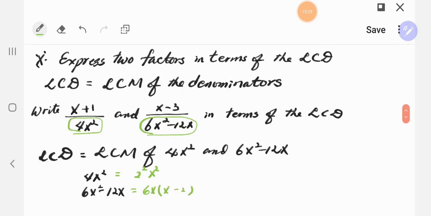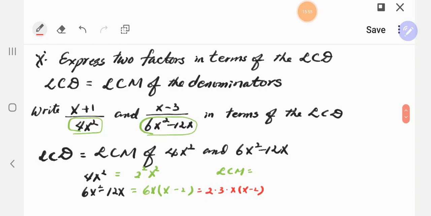So we just factored each polynomial, and then the LCM of these two expressions. Let me rewrite this. 6 is 2 times 3 times x minus 2.